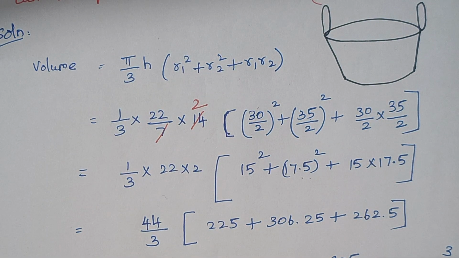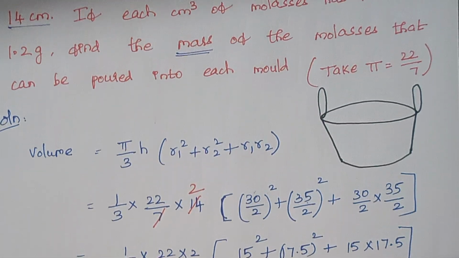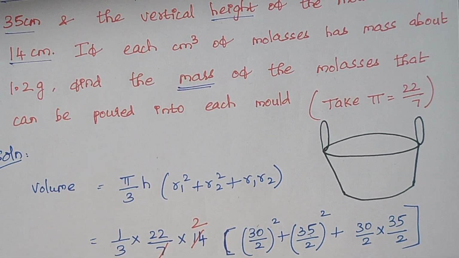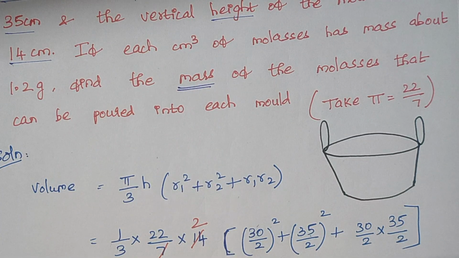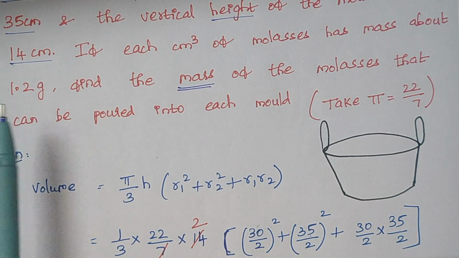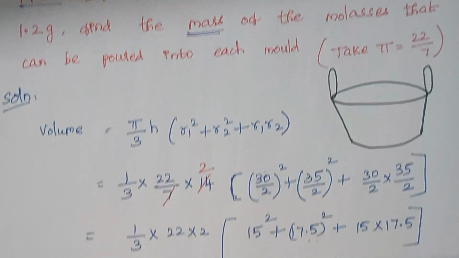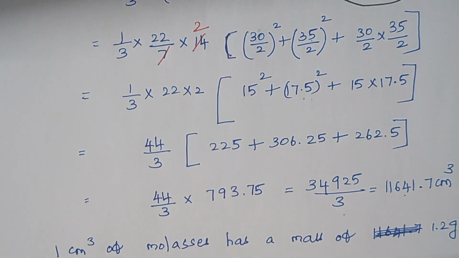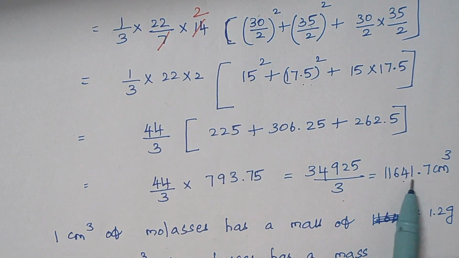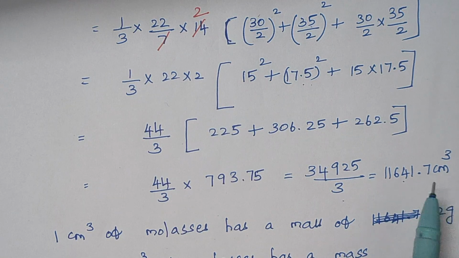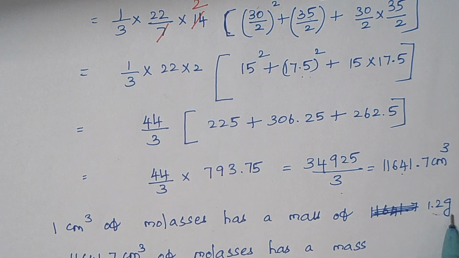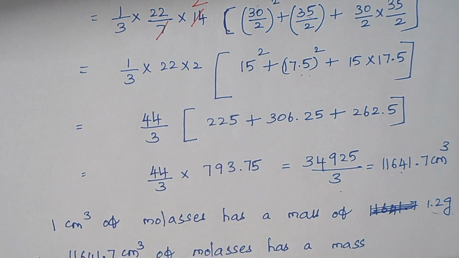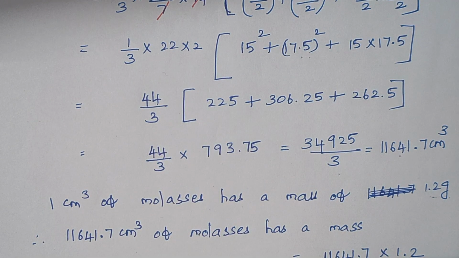So now what is given in the problem? You see, if each centimeter cube of molasses, that is 1 centimeter cube of molasses has 1.2 gram weight. Now what about the volume here? Here you see it is 11641.7. Totally we have this much of volume. So 1 centimeter cube of molasses has 1.2 gram. Now then what about 11641.7 centimeter cube?